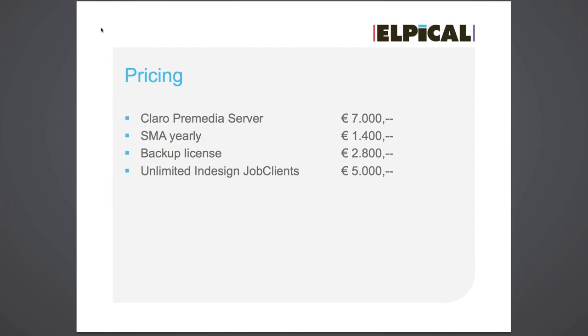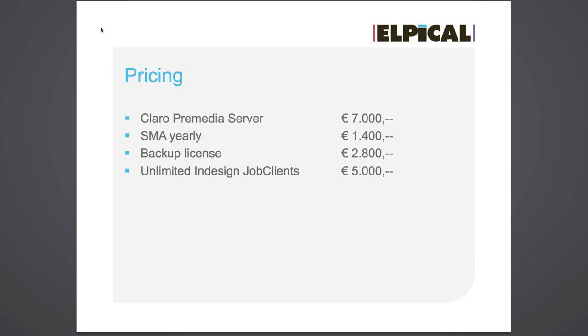We will also have a look at pricing, and this is obviously just an indication, but I think that it is important to mention that when we say that price is important, that one single license of Claro Premedia is at 7,000 euros. There is a yearly support and maintenance contract that is mandatory at 1,400.